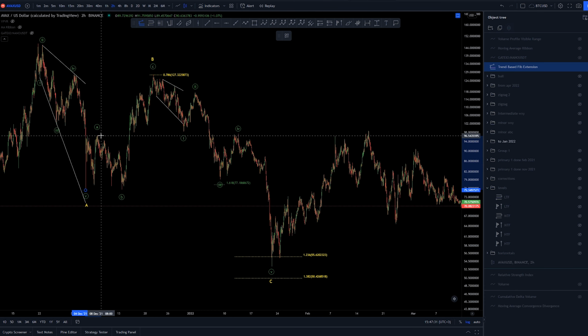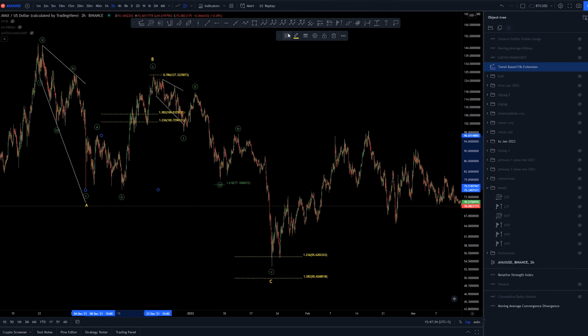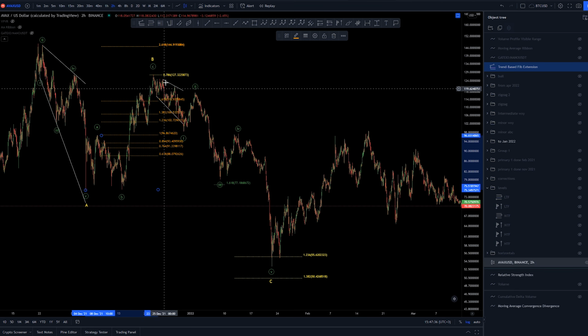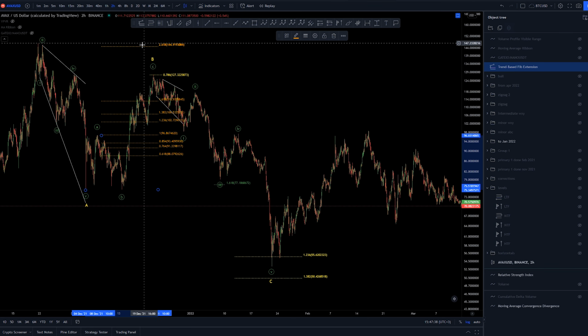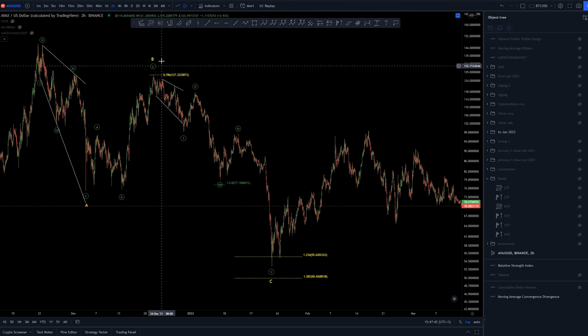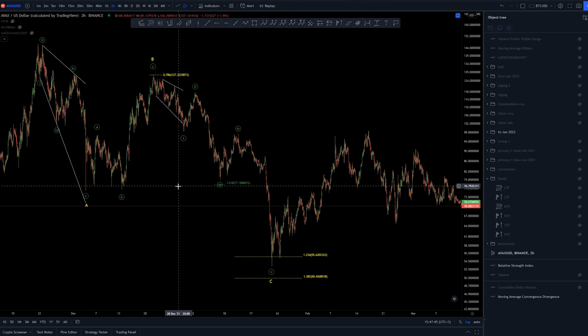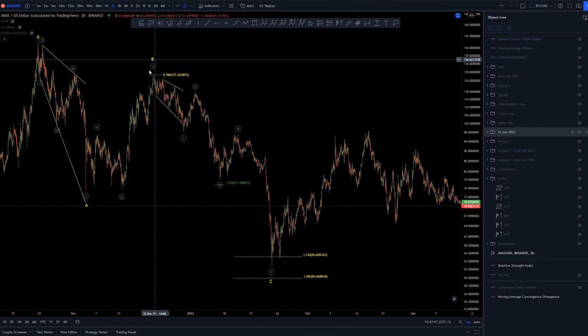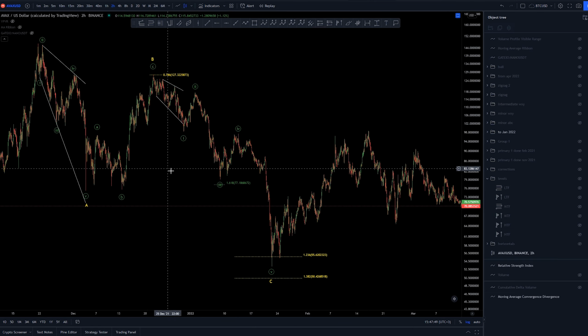Let's check out the extension here for the C wave. It's right between the 2.618 and 1.618 and most likely just around extension of 2 for the C wave of the A wave. Not really any significance on it.